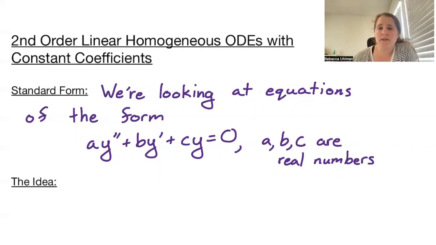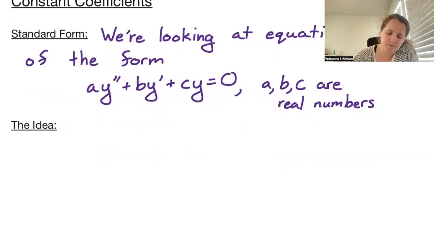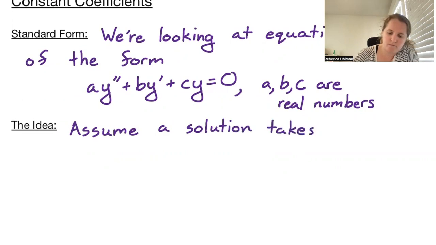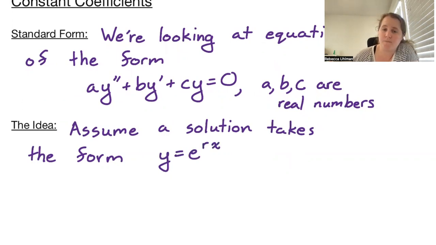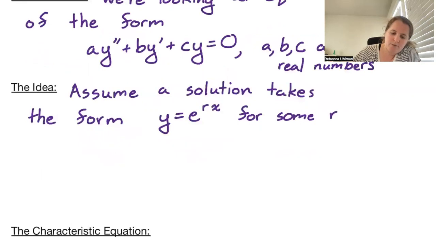So the idea that we're going to use here is we are going to assume a solution takes the form y equals e to the r x for some r. Right? So if that's the case, then we have y equals e to the rx.